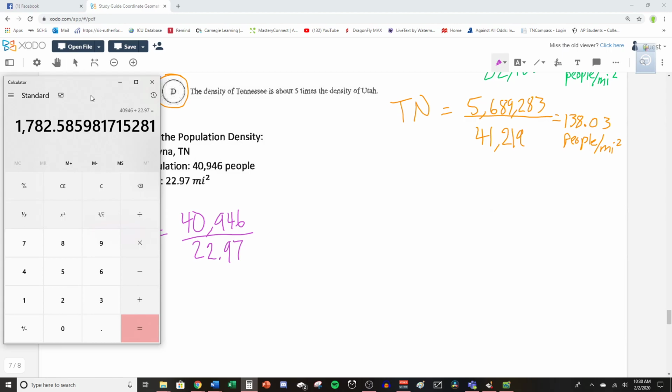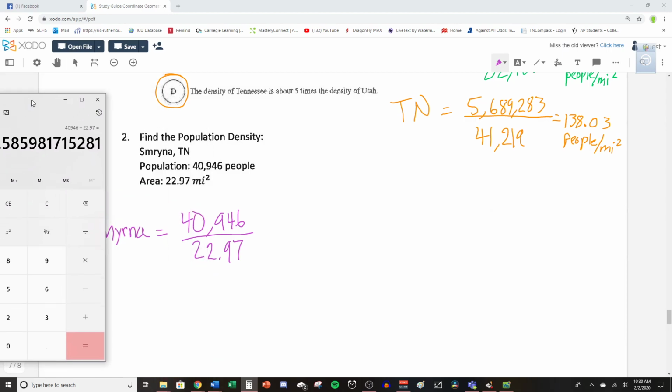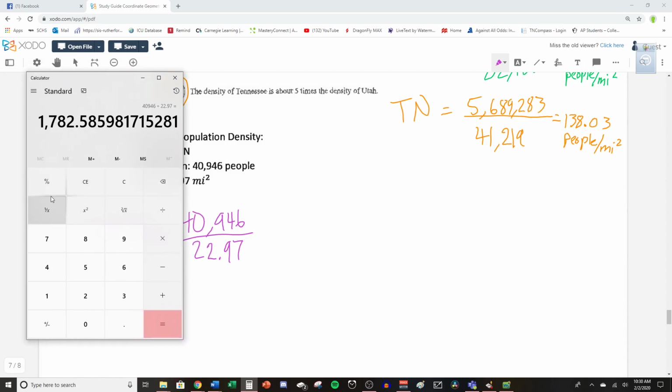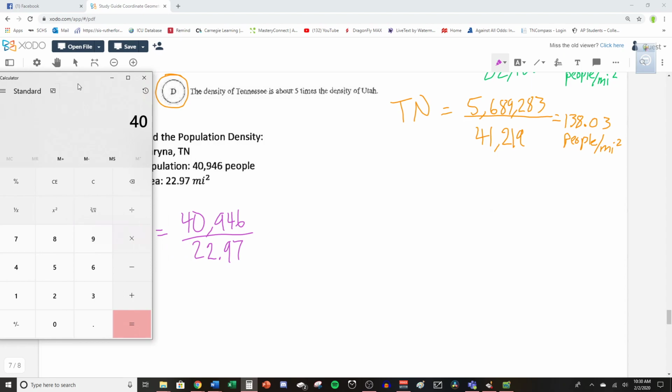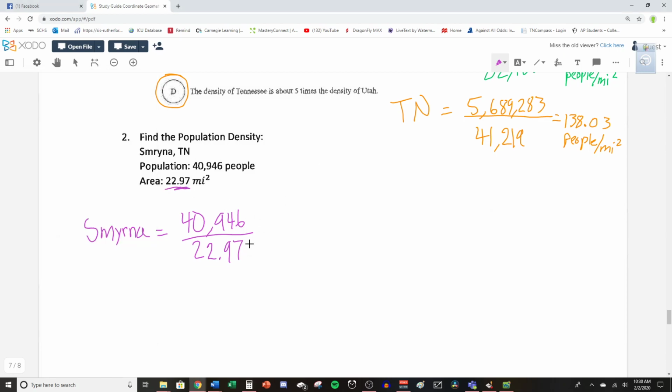Actually, this is a gigantic number. Let me make sure I did that correct. Hold on. So 40,946 divided by 22.97. Okay. That is a very crowded population density. I think maybe this number needs to be changed for reality.